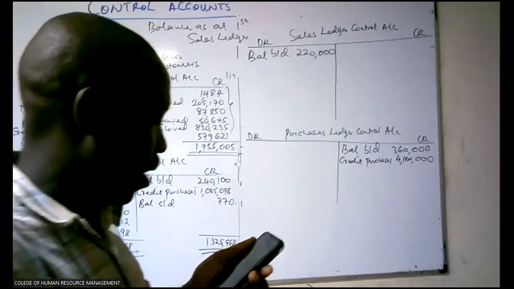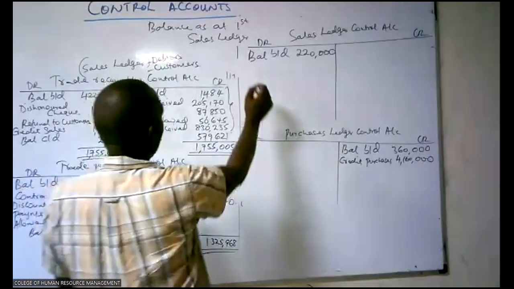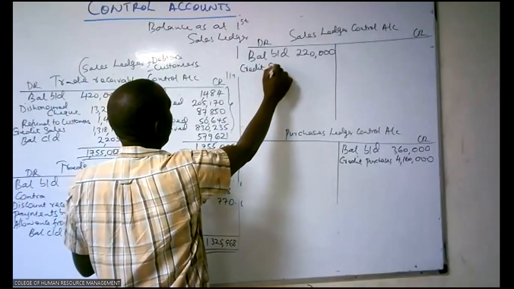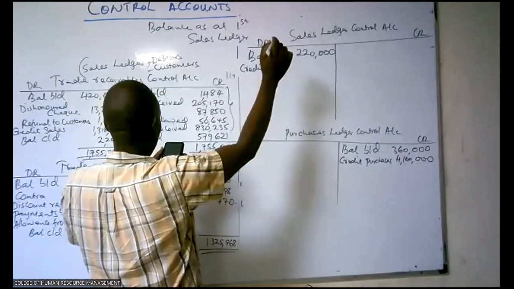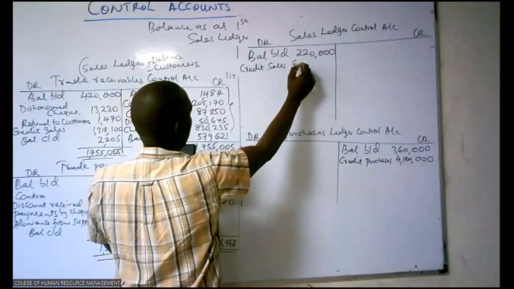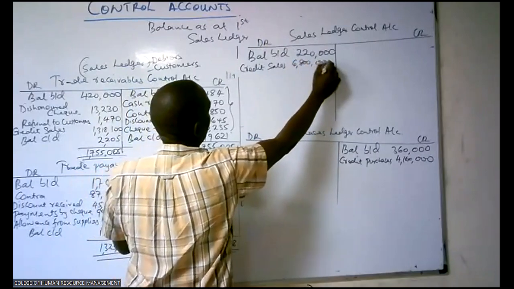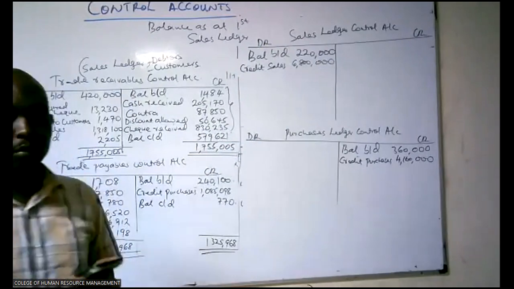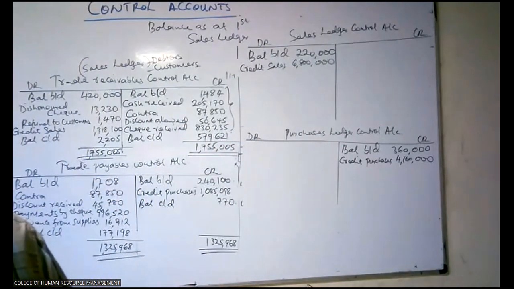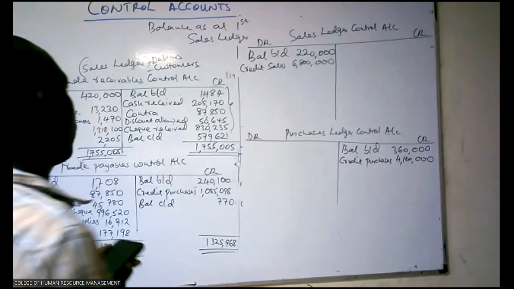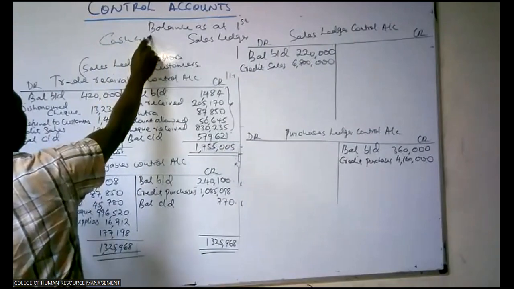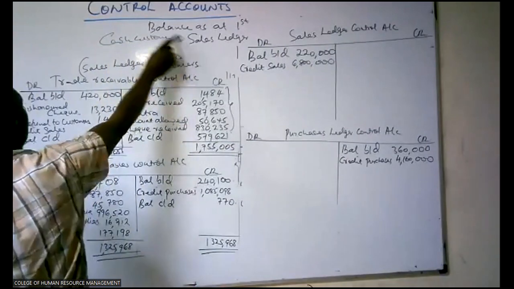For the sales, you do the same. Credit sales increases debtors. We are told it is 6,800,000. Refund to cash customers. The word there is cash. If we sold goods to them for cash, from the word go, they were not debtors.